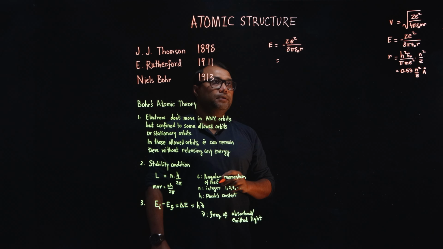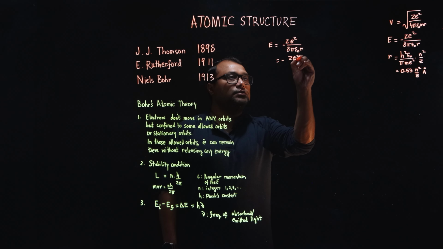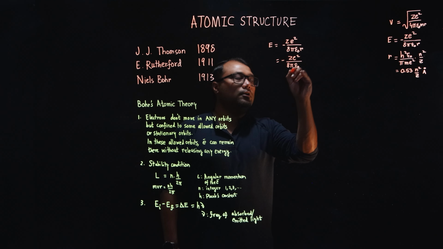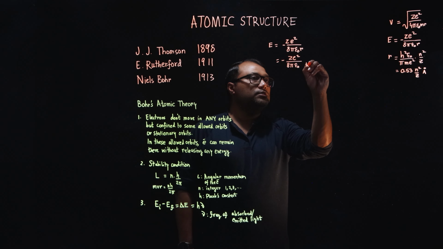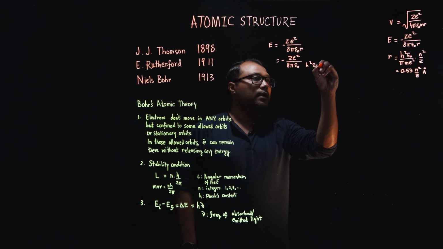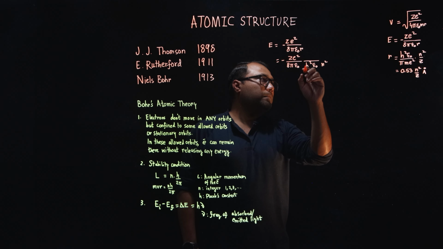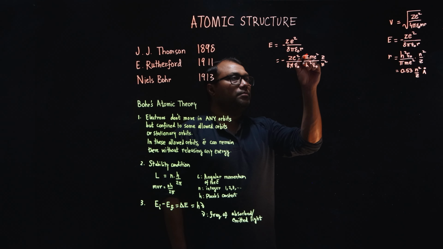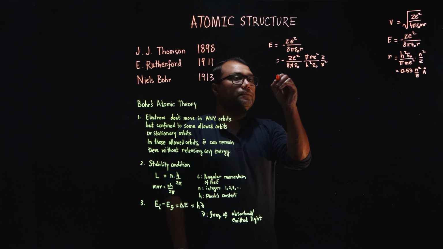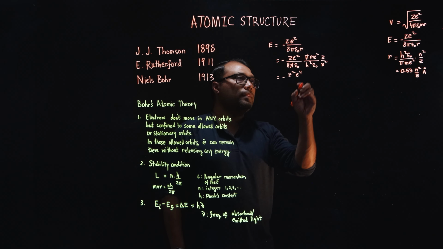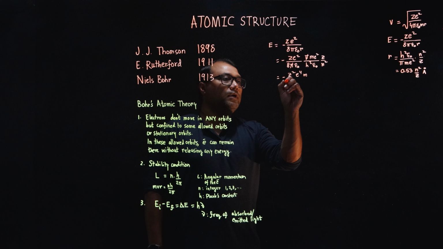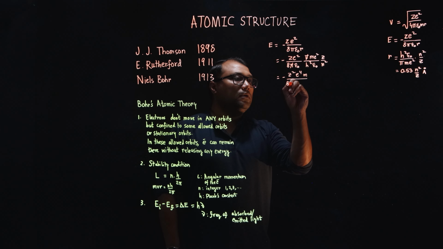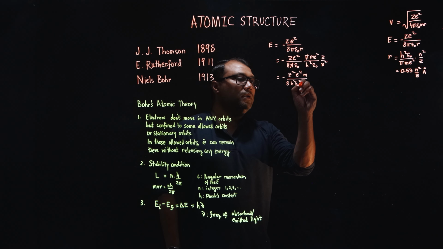So minus Z e square divided by 8 pi epsilon naught, and what is r? r is h square epsilon naught n square by pi m e square Z. So this becomes minus Z square e to the power 4 m divided by 8 h square epsilon naught square n square.